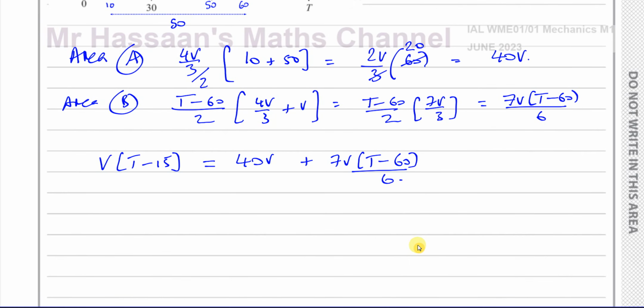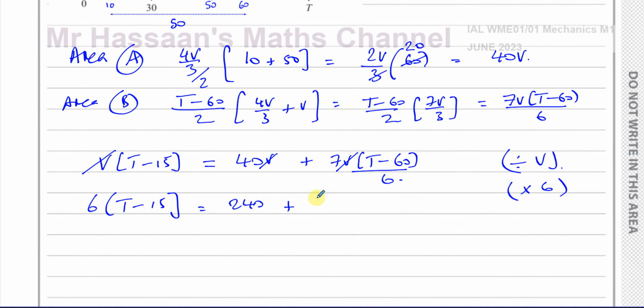If we divide both sides by v, we get rid of the v's from the whole equation. And if I multiply both sides by 6 to get rid of the fraction, I'm going to have 6 times t minus 15 equals 40 times 6, which is 240, plus this will be t minus 60. Got rid of this 6.